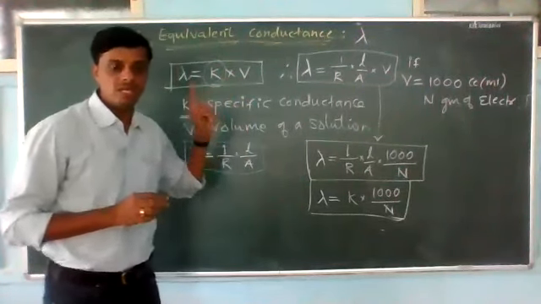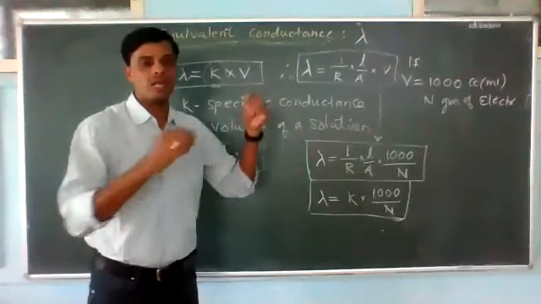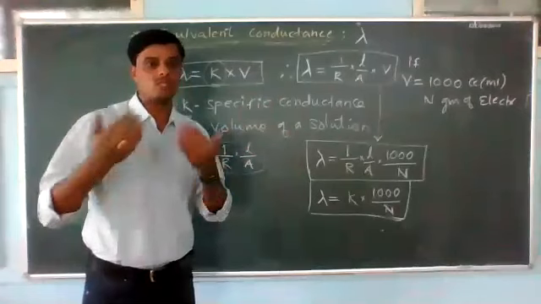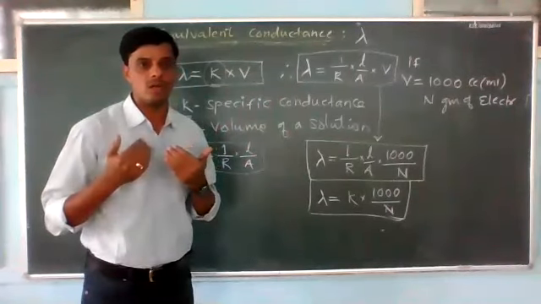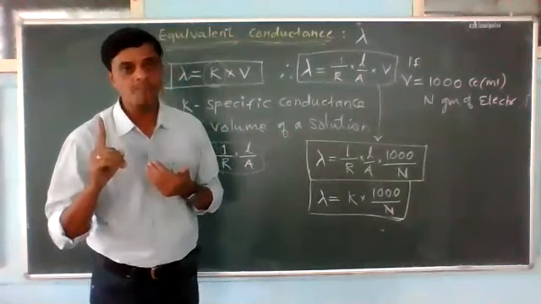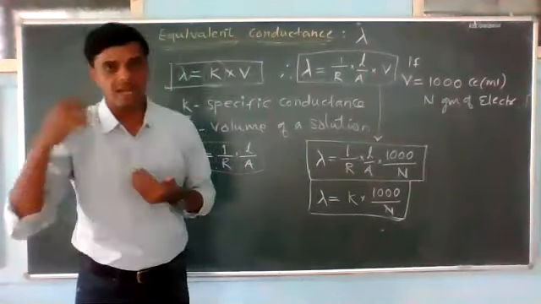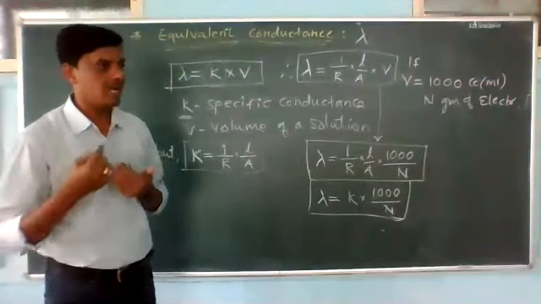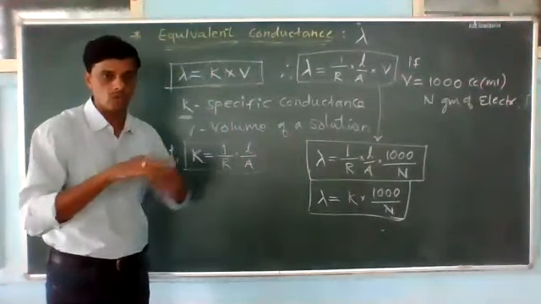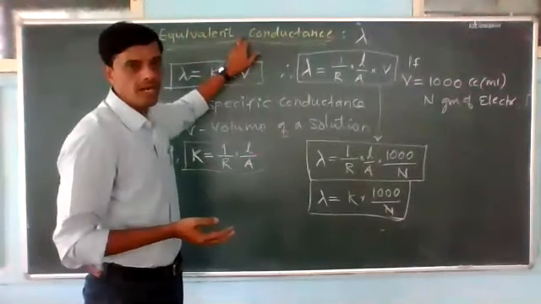So many a times students get confused. 1 gram equivalent of NaCl, that doesn't mean you just take 1 gram of NaCl. Okay, असं आहे का नाही. 1 gram equivalent म्हणजे NaCl चा इक्विव्हॅलंट वेट जेवढं आहे ते ग्रॅम मध्ये तेवढं ग्रॅम NaCl घ्यायचं आणि 1 लिटर सोल्युशन मध्ये डिझॉल्व्ह करून त्याची कंडक्टिव्हिटी मोजायची, ती म्हणजे इक्विव्हॅलंट कंडक्टन्स.